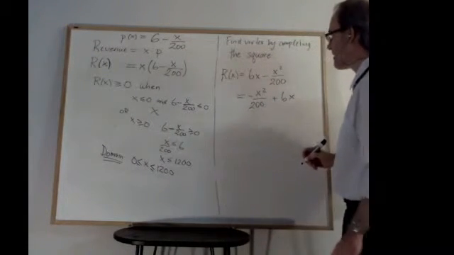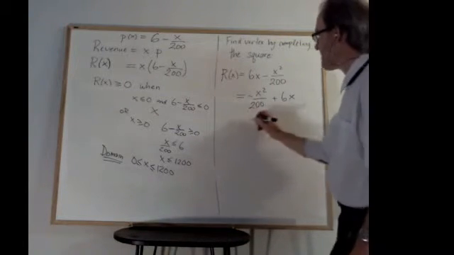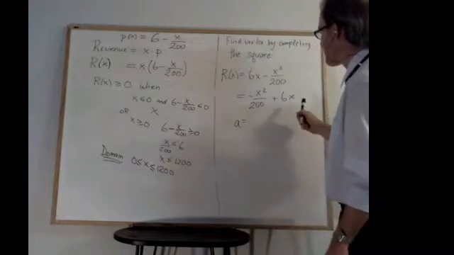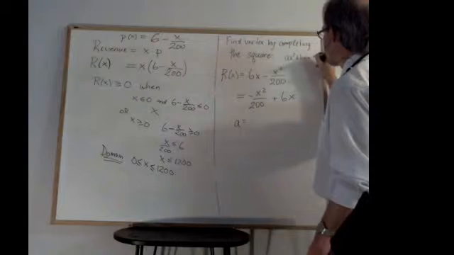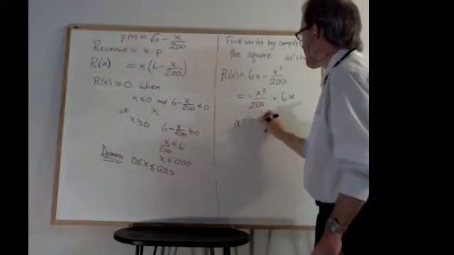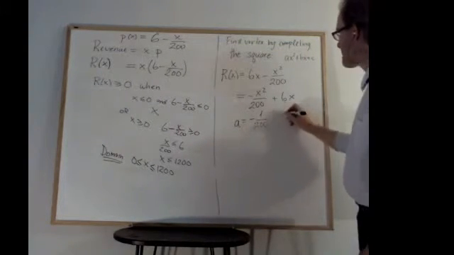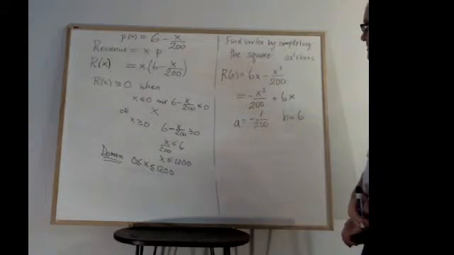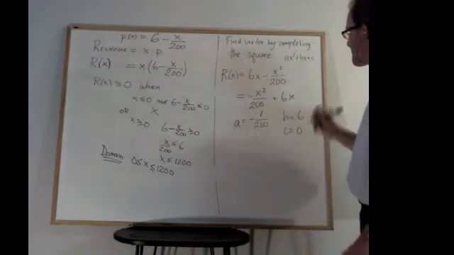Then we identify the coefficients according to ax squared plus bx plus c, the usual way of writing a quadratic function. A then is minus 1 over 200, and b is 6. C is 0, there's no constant term here.